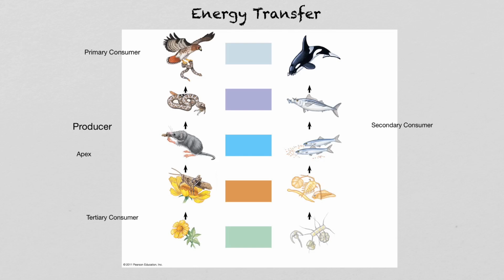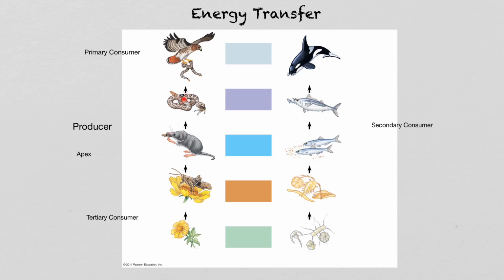What you're going to see in these chains is that the arrows go from the thing down below to the next level. It's not who eats who, it is energy transfer. So the energy from the plant goes to the grasshopper. The energy from the grasshopper goes to the mole or something, a mouse. The energy from the mouse goes to the rattlesnake.